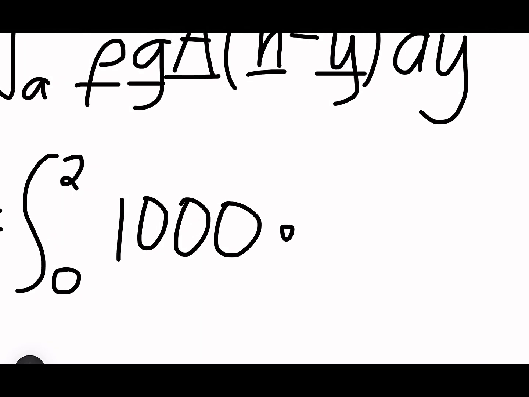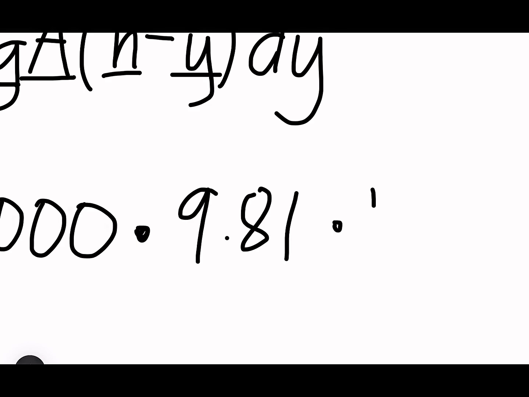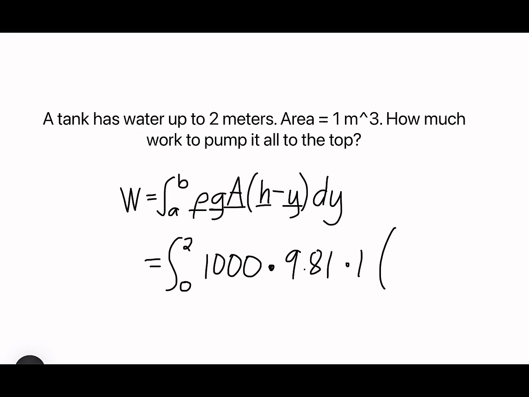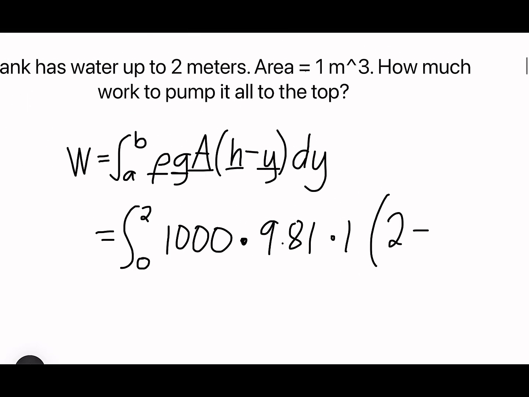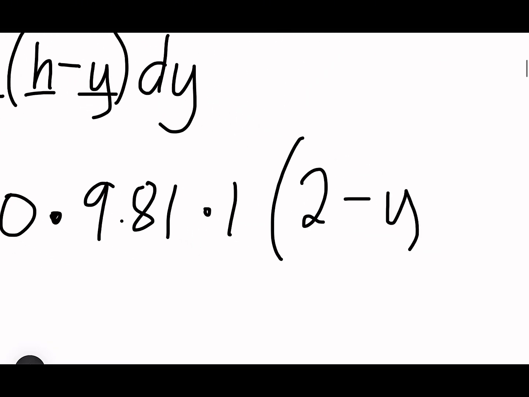Next, the value of this is 9.81, and the value of our a is 1, and then our height is 2. Since we don't know the value of y yet, we just need to copy the y and dy.